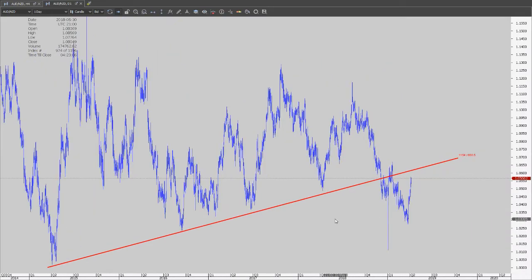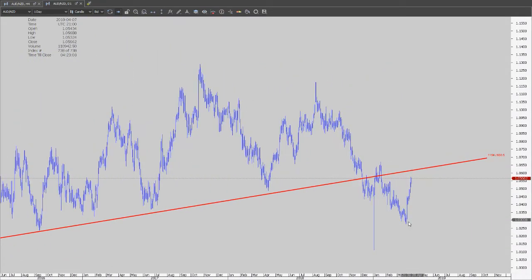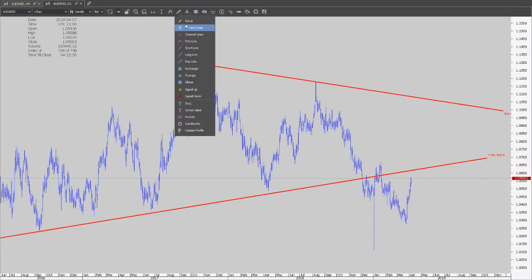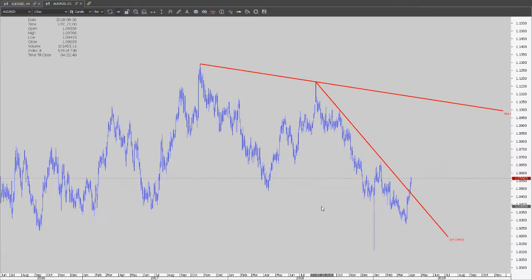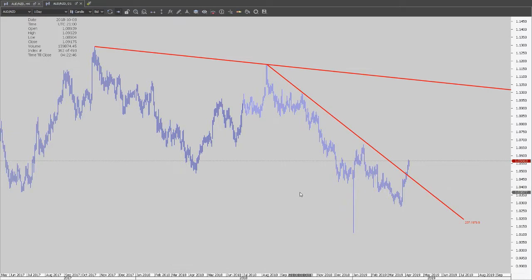The uptrend line was broken, the market broke the uptrend line, and then we have here the long-term downtrend line, and we have here the short-term downtrend line, right? And as you can see, the market broke the short-term downtrend line.